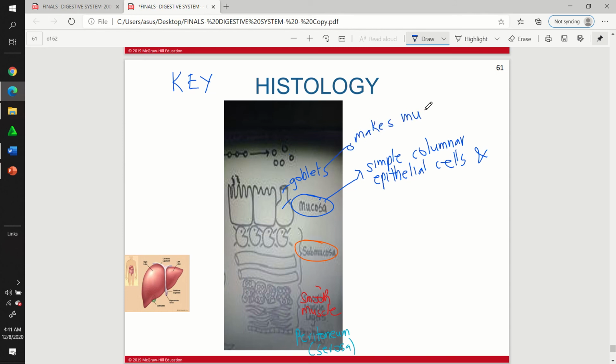Makes mucus for the protection of your intestinal mucosa. And we have here a little wrinkle. What do you call this, class? This is called your microvilli, the wrinkles in the cells, finger-like projections.